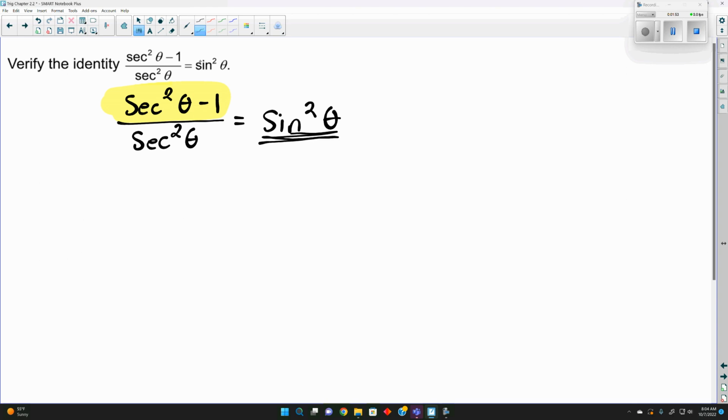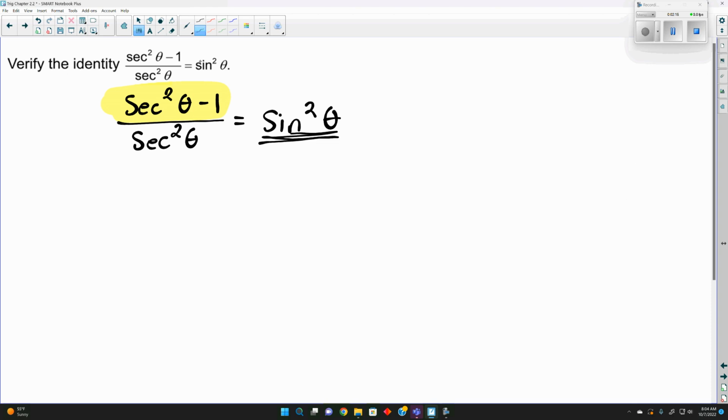And this is referring back to our tangent and cotangent, because I believe this is going to be 1 plus tangent squared for us here.